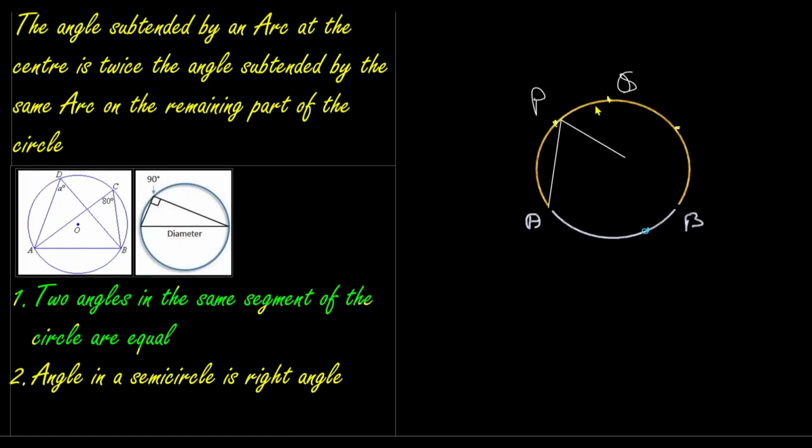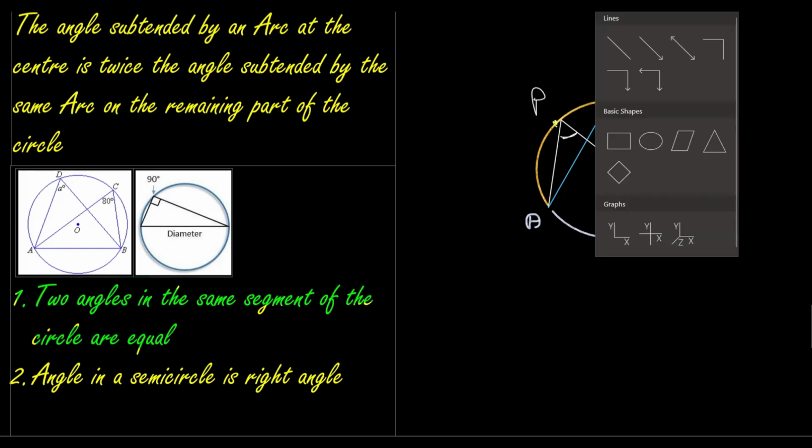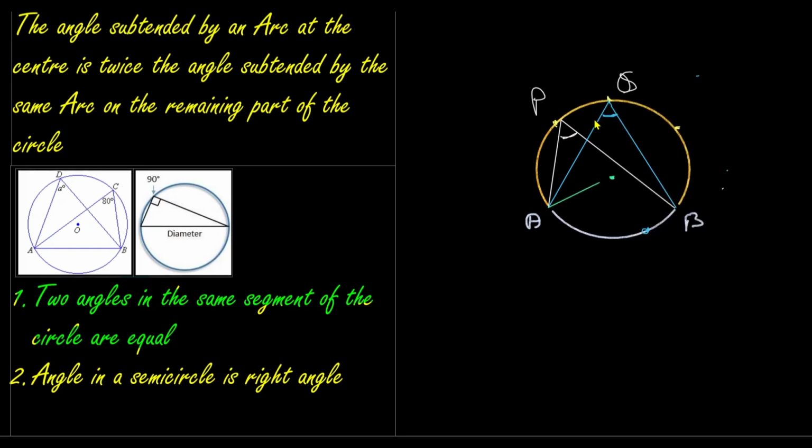One is angle APB, and the other which I make over here is this. Now you can check that these two angles are equal. That is, angles in the same segment are equal. But this is actually derived from the same alternate segment property which I just discussed.